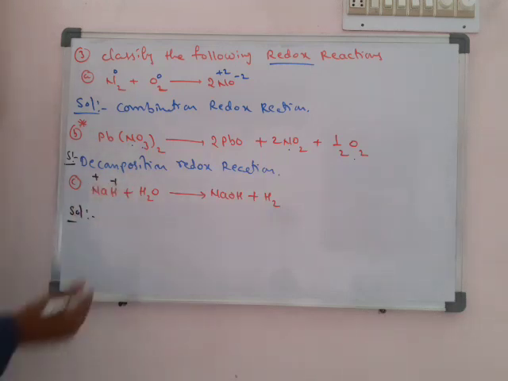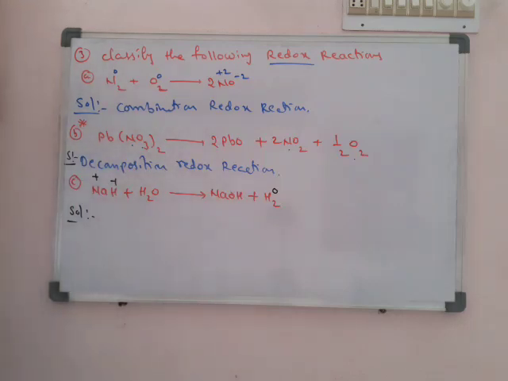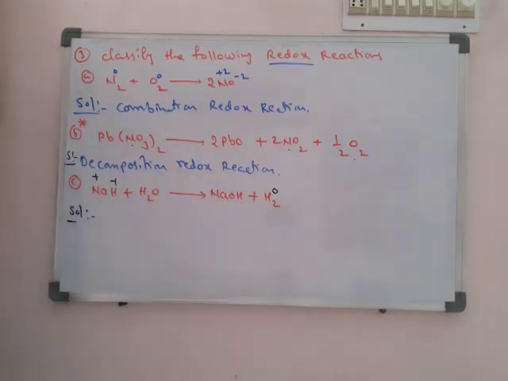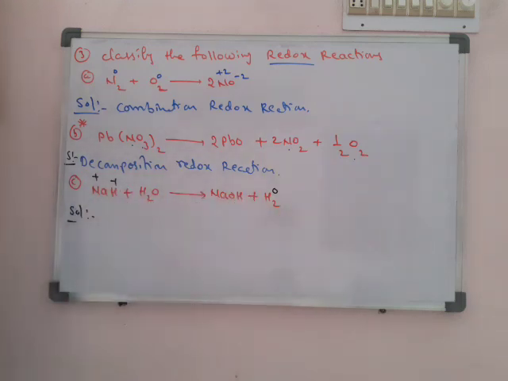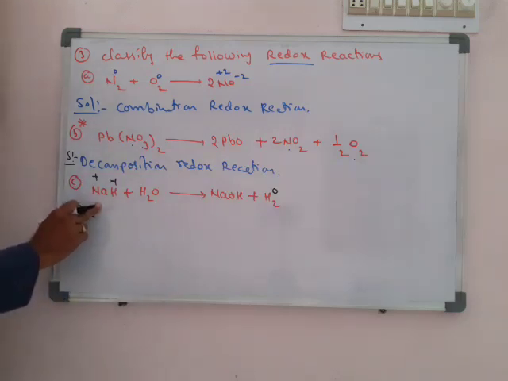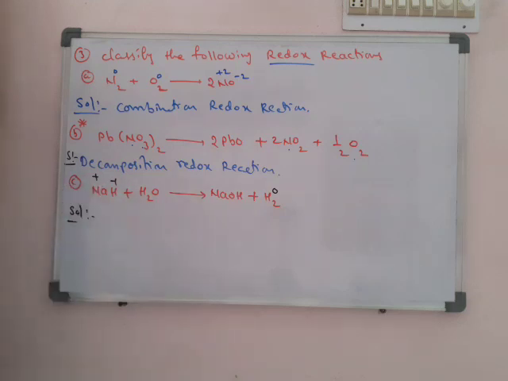Here H minus, and here it's 0. Next, what is the different thing? Here H minus is increased. The oxidation number increased from -1 to 0, which means it is oxidized. So this reaction can take place as well. In H2O, the H plus is replaced by Na plus.